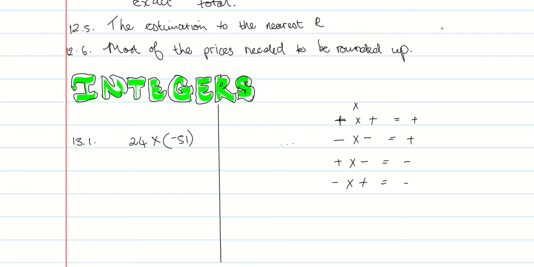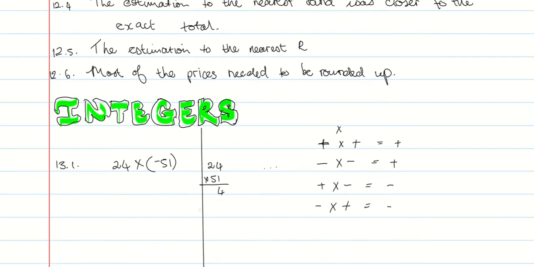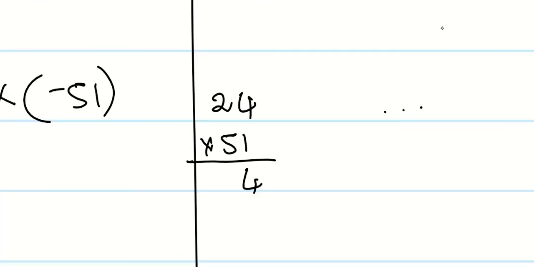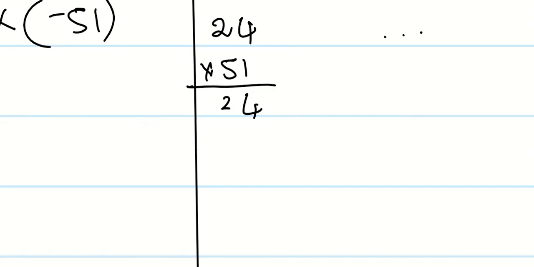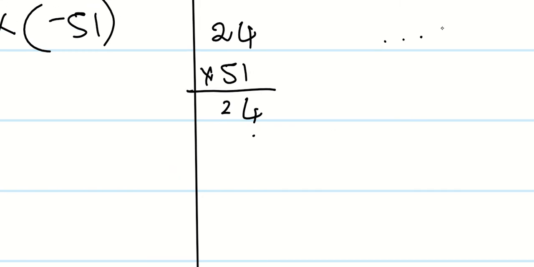My problem is 24 times 51. I say 1 times 4 is equal to 4, 1 times 2 is equal to 2. What is important to remember here? The placeholder. Don't be like that guy I showed you on Friday who forgot the placeholder. Now 5 times 4 is equal to 20.